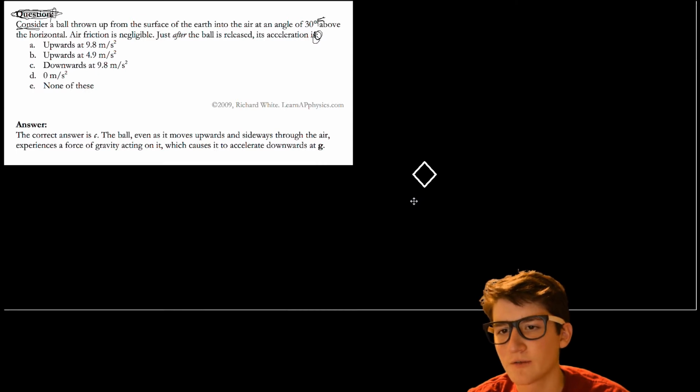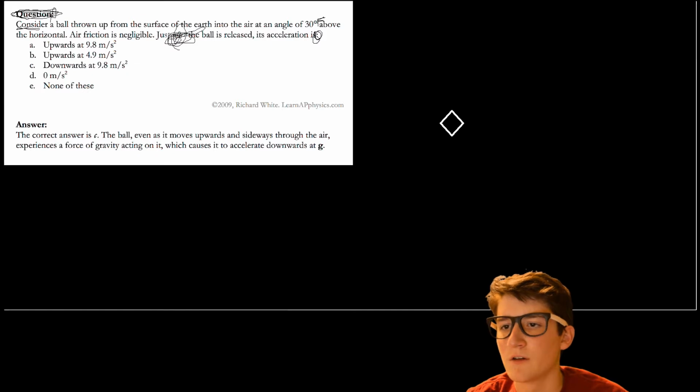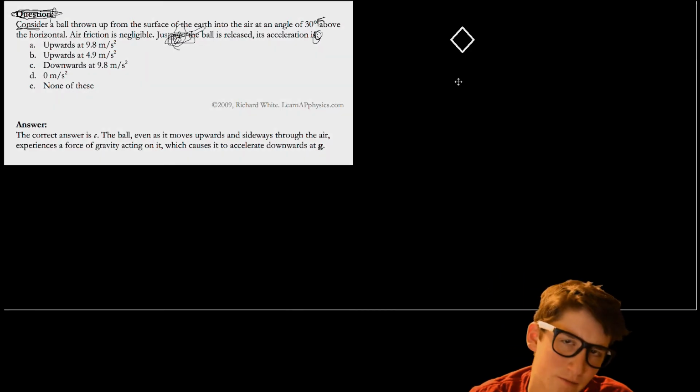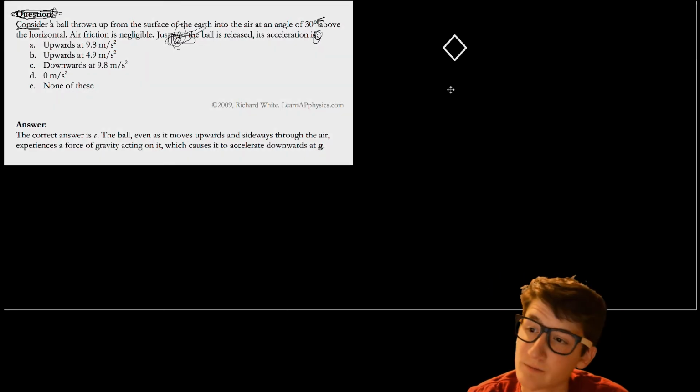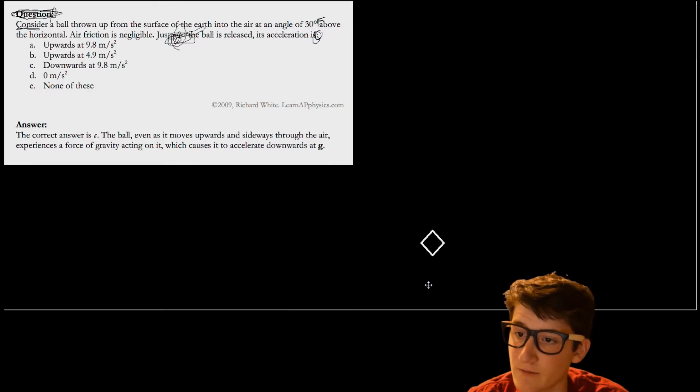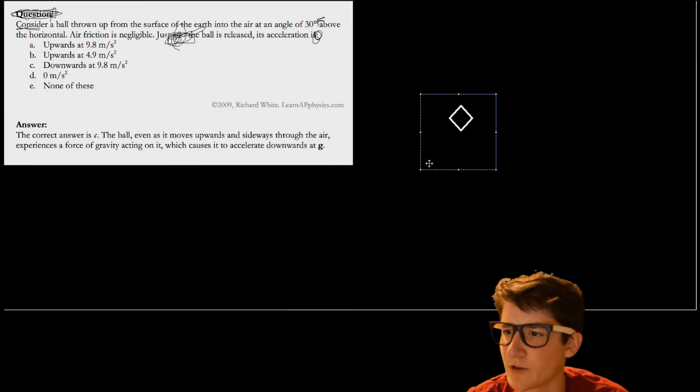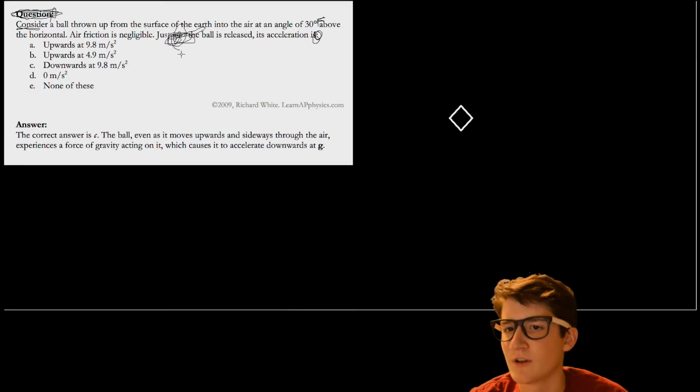Air friction just after the ball, after is italicized. See, after. Just as the ball is released, its acceleration is, what does it do? Does it just stop? Does it go up? Does it come down? So after you think about this for about 35 years, you get really good at the answer, you see.